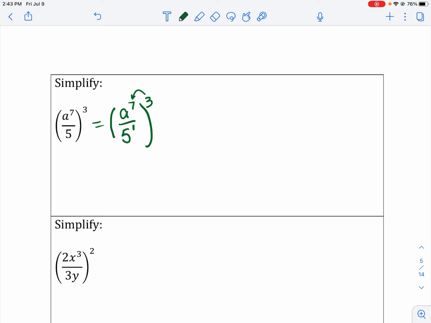Again, you can only multiply exponents by other exponents. So 3 times 7 is 21, so I have a to the 21st over 5 to the 3rd. A little bit more simplifying, 5 to the 3rd power, 5 times 5 times 5 is 125.